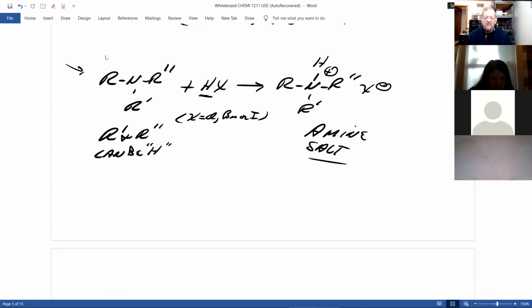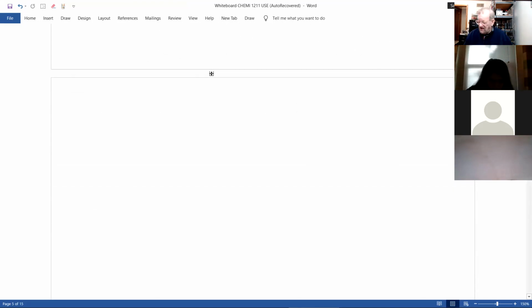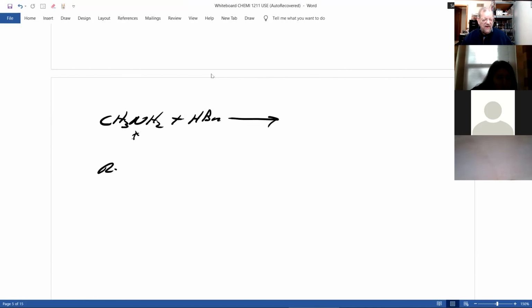All right, let's take a look at some reactions of amine salts. It turns out this plays an important role in medicine, which I'll tell you in a little while. And here we have nitrogen. We have a primary amine, but since I have an acid, HX, I could have a primary, secondary, or tertiary amine.